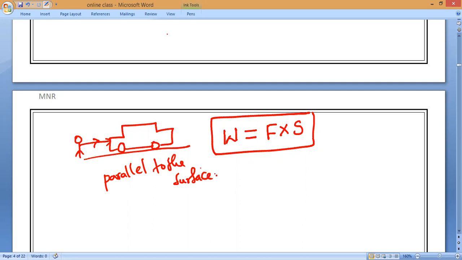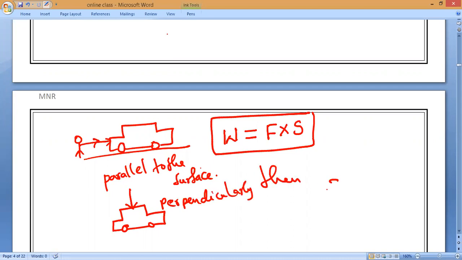Are you clear, everybody? Now, if the force is applied perpendicularly to the surface, all of you remember, then displacement is equal to 0 meters. Then what about the work done?